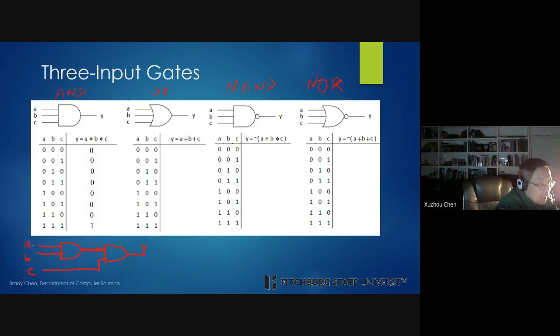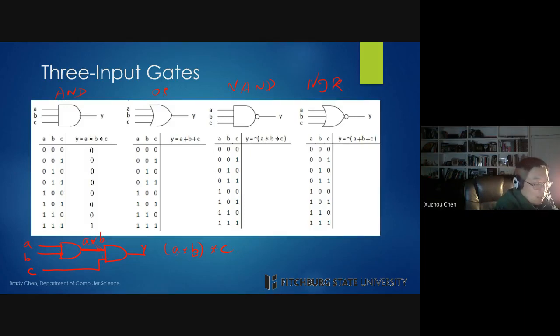Because A and B gives A and B, then A and B and C gives A and B and C. Because of the associative law, you can always combine A and B first, or B and C. It doesn't really matter.